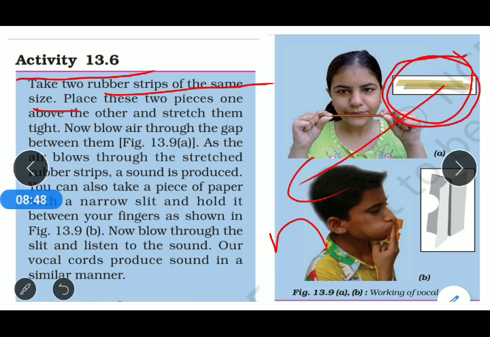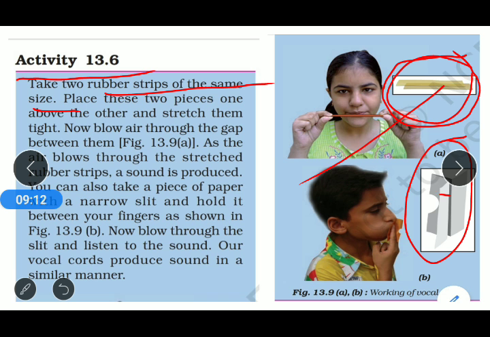That activity can be performed with paper also, as the figure has been given to you. In that figure, there is a paper. We have to fold the paper like the one shown in the figure, and after that we make a little opening in it.